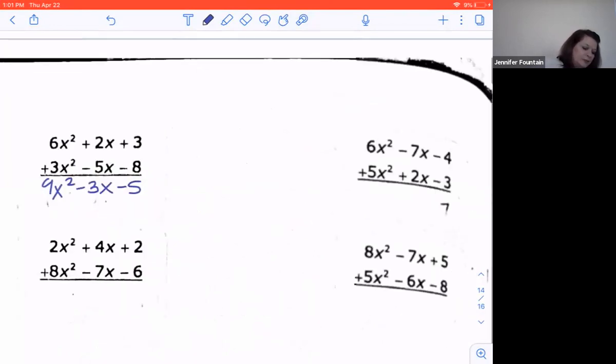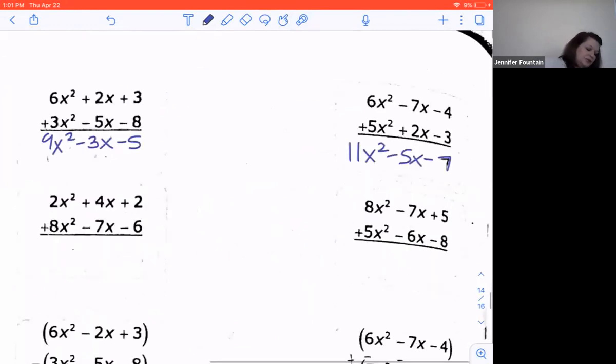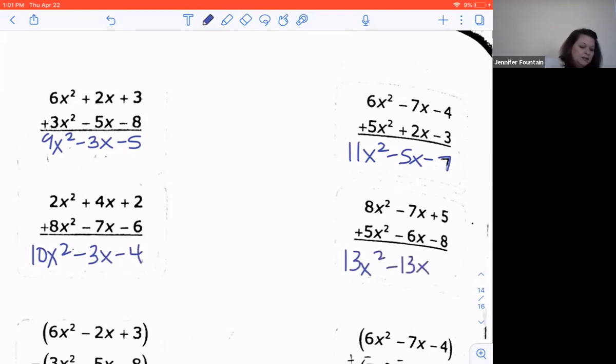Next to that, I'm going to have 11x squared minus 5x minus 7. Underneath those, I have 10x squared minus 3x minus 4. And then I have 13x squared minus 13x minus 3.